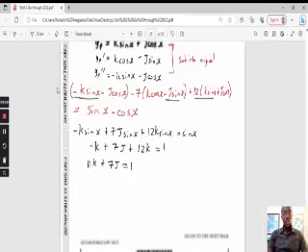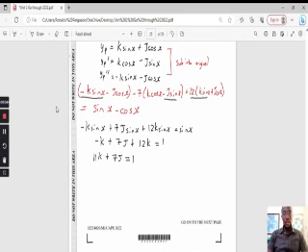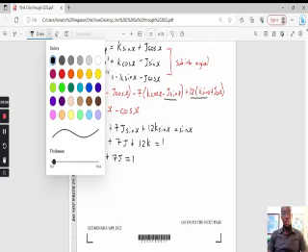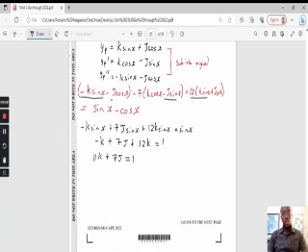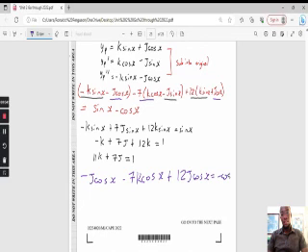Now I'm going to equate my cos. I'm just going to zoom out a bit so it's a little more clear. Equating my cos now, using a different color for the cos. So we have minus j cos x, then minus 7k cos x, then plus 12j cos x is equal to minus cos x.